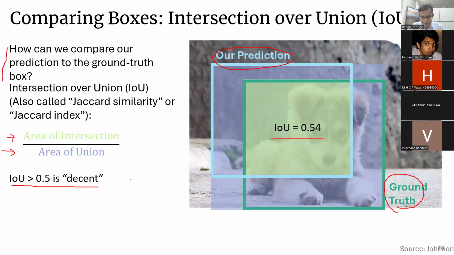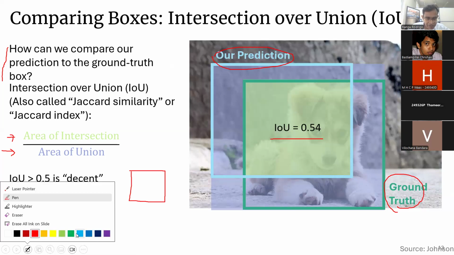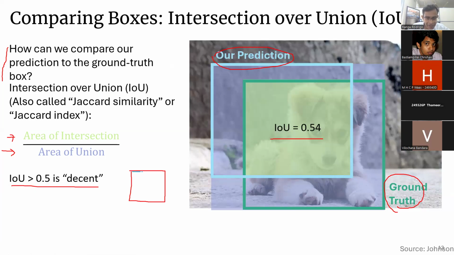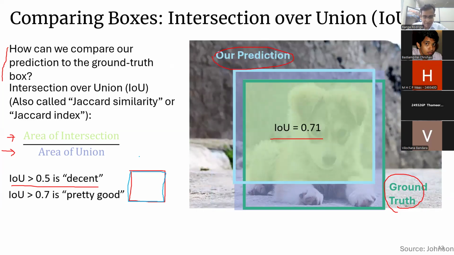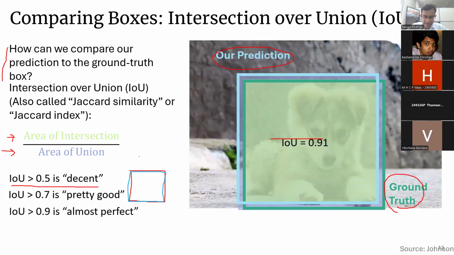Then the IOU value will be 1. Area of intersection will be equal to the area of the union, when the two boxes, the prediction box and the ground truth box, fully overlap. So you understand what IOU means. If IOU is 0.7, it's very good. IOU of 0.9 and so on is perfect.